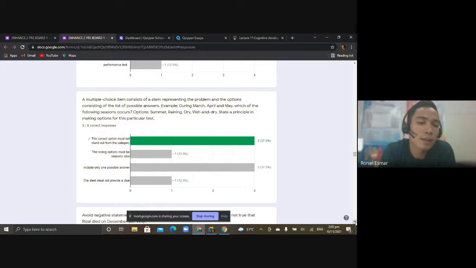See, for example, in all of the options, isa ra ka buok ang naay nag-talked about advantages or positive effects. The other options puros na mga negative. So halata ra kay sa tanan nga nag-stand out ang particular option nga nag-talk about positive or advantages. Next option, the wrong option must be seasons also.